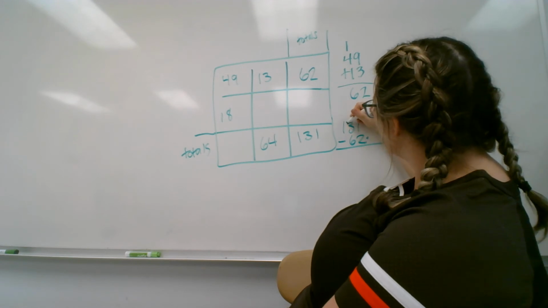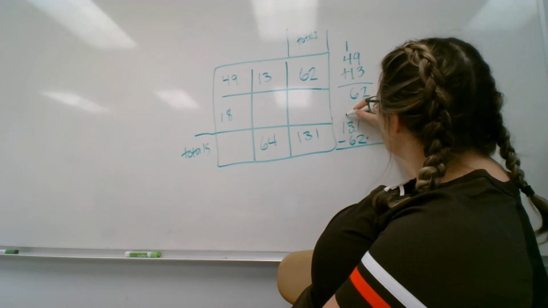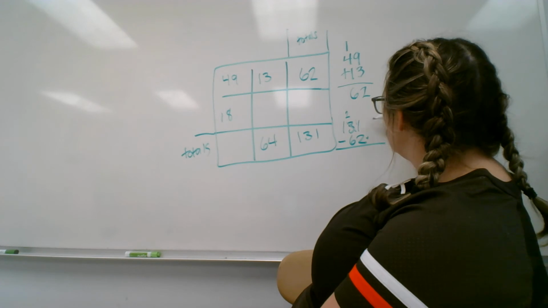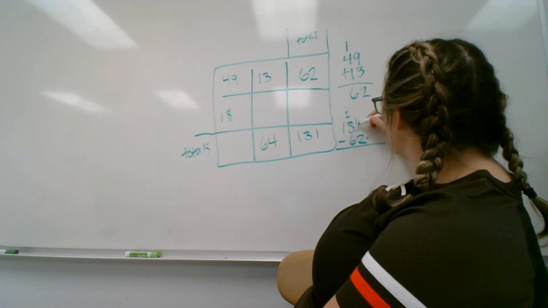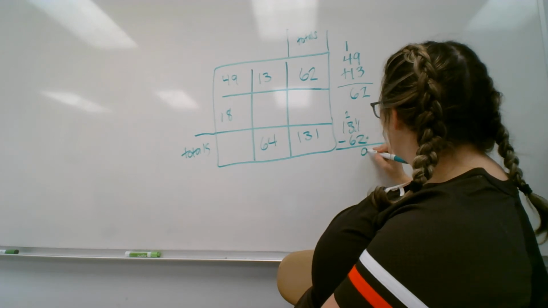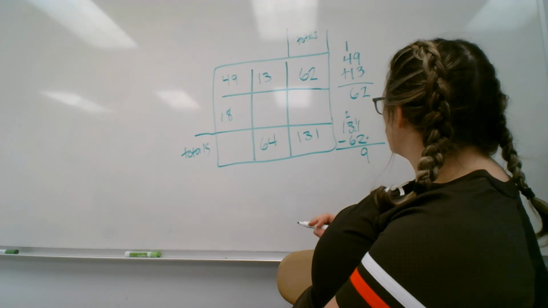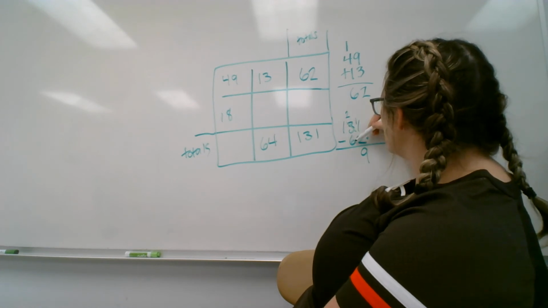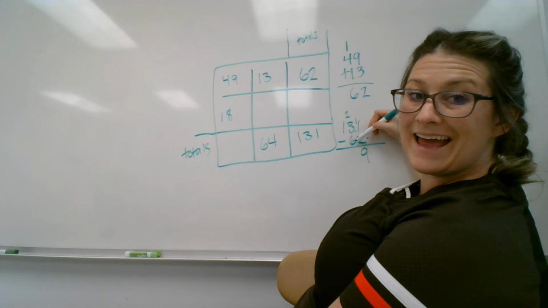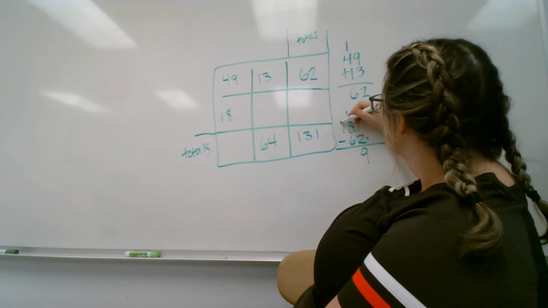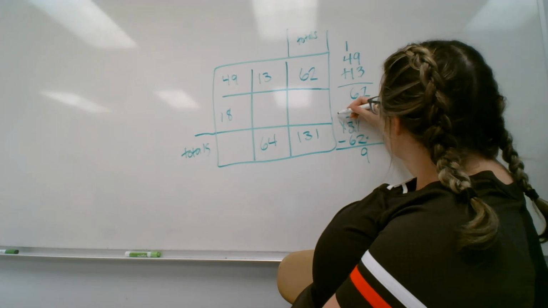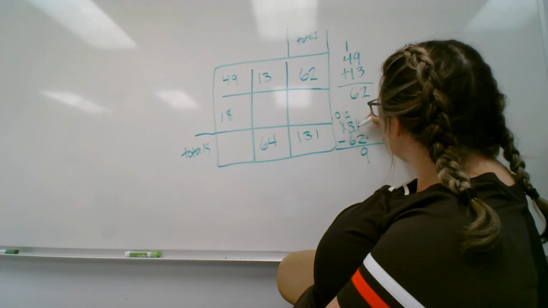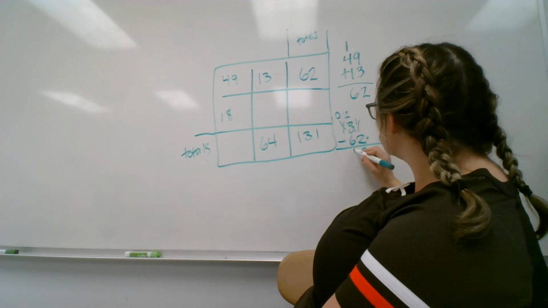I have to go next door. 3 minus 1 is 2. Now I have 11 minus 2 here. 11, 10, 9. All right. Now I have 2 over 6. I have more on the floor again, so I have to borrow again. So let's go next door. 1 minus 1 is 0, and now I have 12 minus 6. 12 minus 6 is 6.